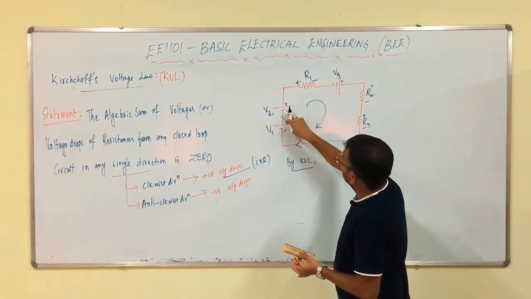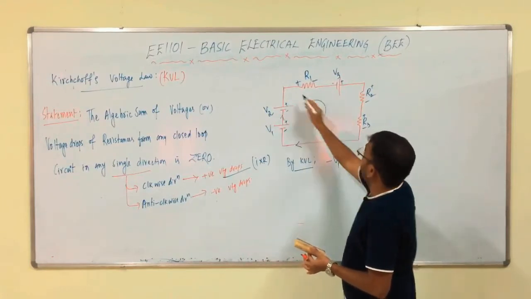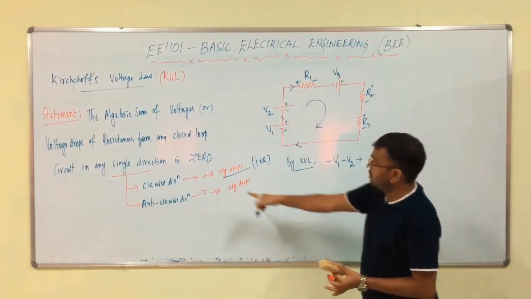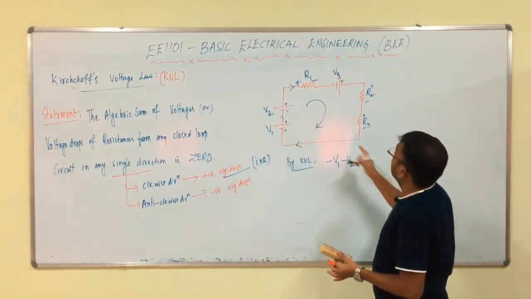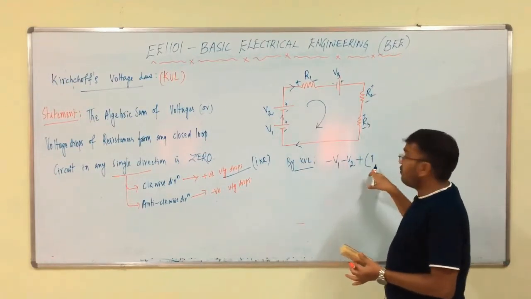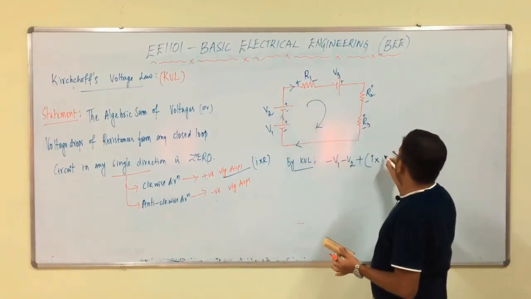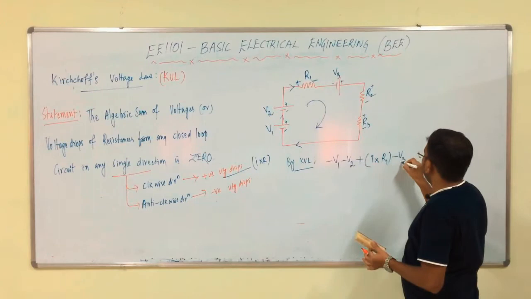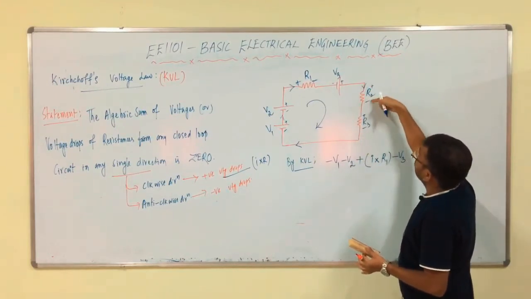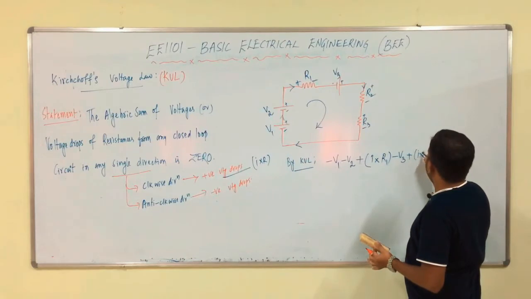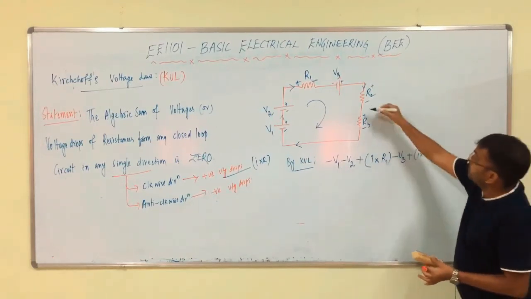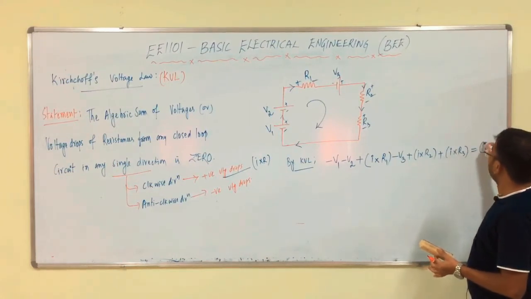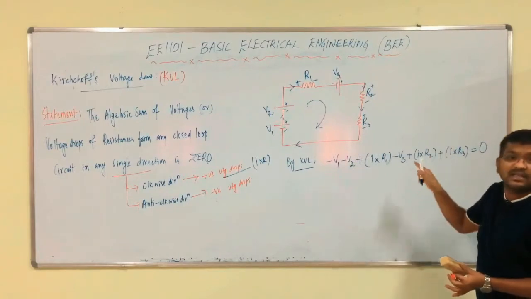After this, again minus V2, and then plus to minus, positive voltage drop, plus I, we do not know the value of I, into R1. Clear? Next, minus to plus, minus V3, plus to minus, plus I into R2, again plus I into R3 is equal to 0. This is the equation for that statement.